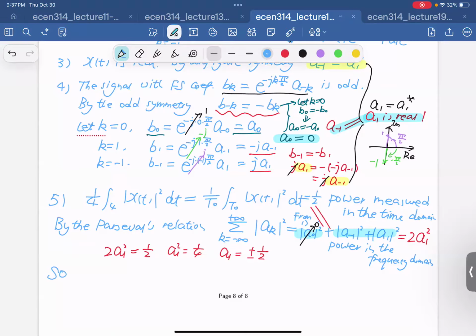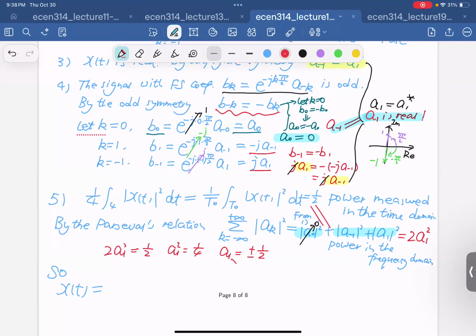So x of t is, well, in fact, even though we were told that there were only 3 non-zero Fourier series coefficients, then we find out that actually one of them, a sub 0, is also 0. So we end up only having a1 and a sub minus 1, and they are equal to each other.